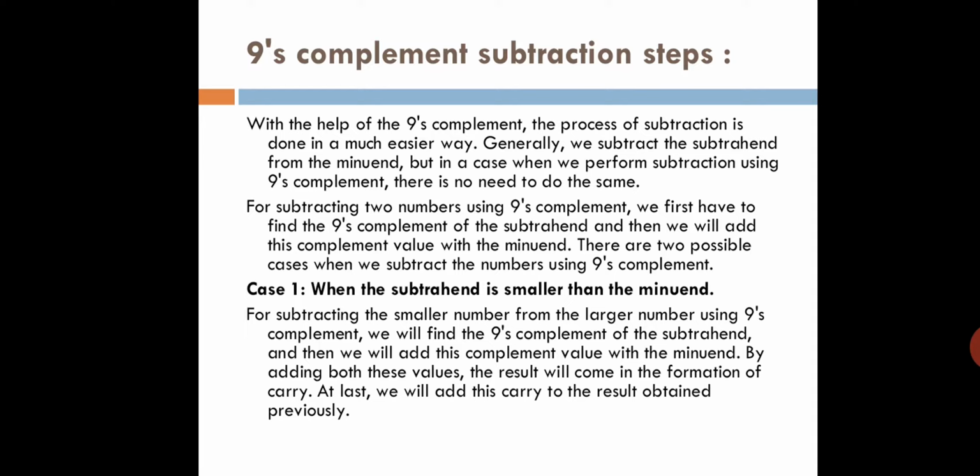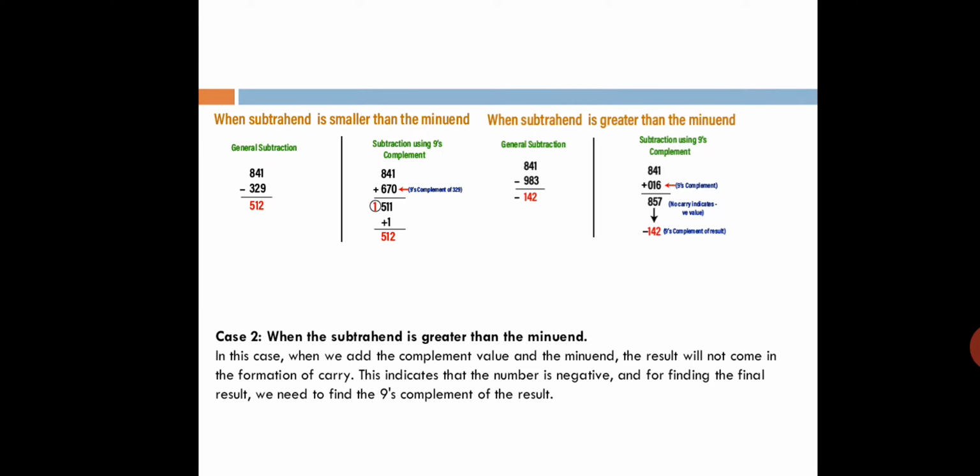For subtracting the smaller number from the larger number using 9's complement, we find the 9's complement of the subtrahend and then add this complement value to the minuend. By adding both of these, the result will come with a carry. At last, we add this carry to the result obtained previously. This is the theoretical part. When you solve the problem, you are going to get the rough idea. Don't worry, in the next step, I will show you.